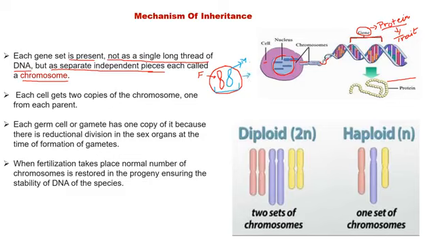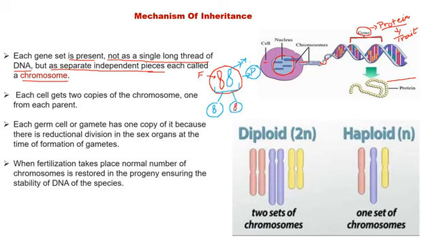Now if this is a parent, when this boy matures and the sperms are getting formed in the reproductive organs, then we know that sperms are nothing but gametes. Then each set of this chromosome will enter a gamete. This gamete and the other gamete will have the other chromosome, right?